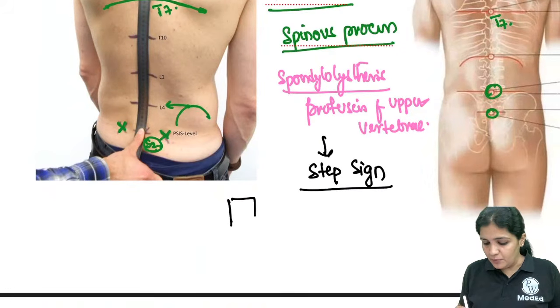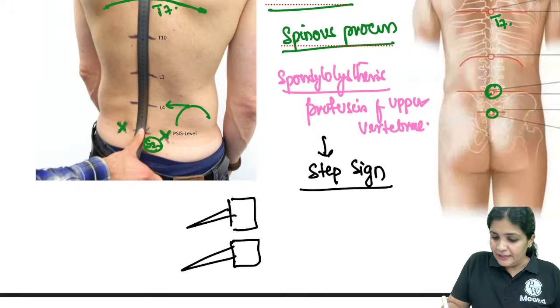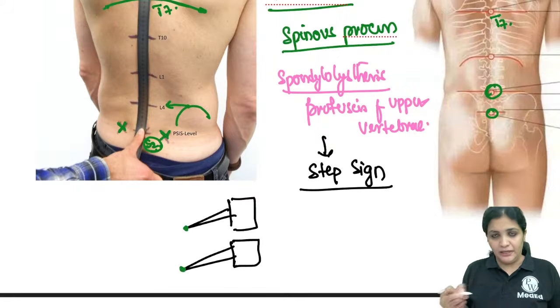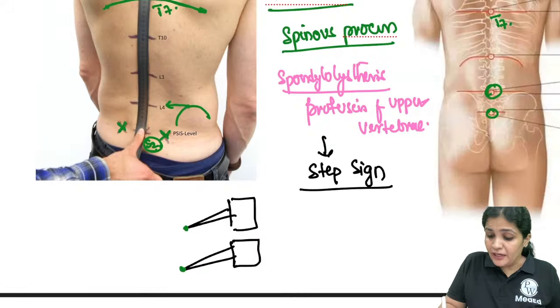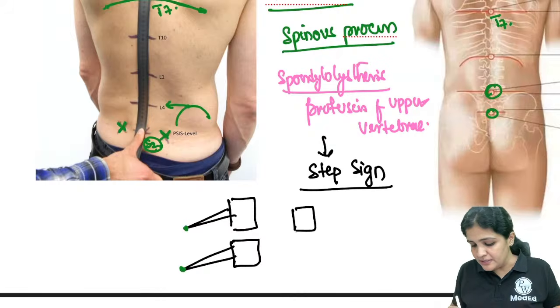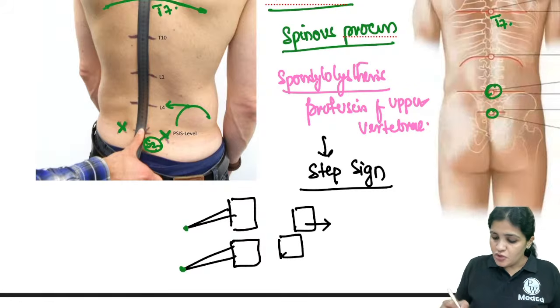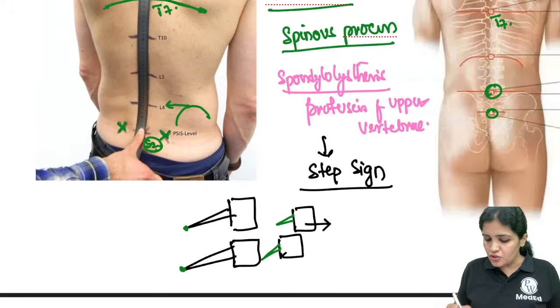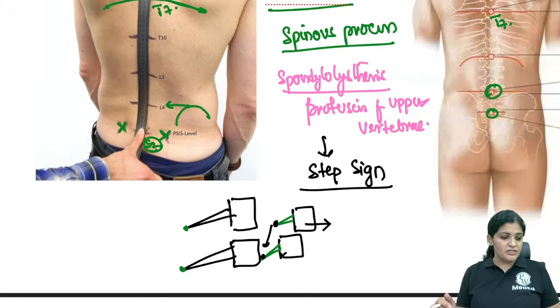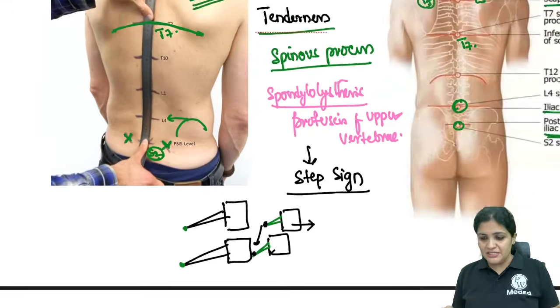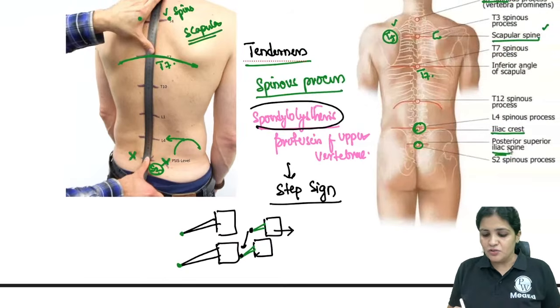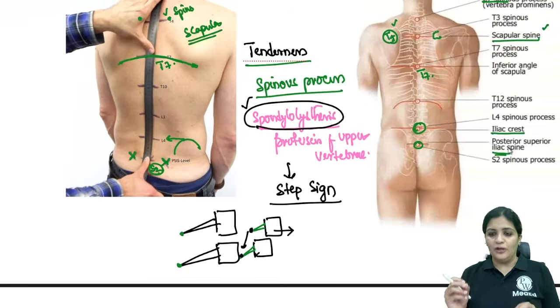This is the vertebra, this is the second vertebra, and here you are feeling the spinous processes of multiple vertebrae, right? In spondylolisthesis, the upper vertebra is protruding forward, so the spinous process also moves forward. When you are touching the spinous process of this and coming to this, you will feel a step here. This is called the step sign, which is seen in spondylolisthesis.